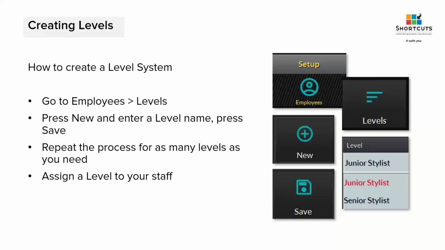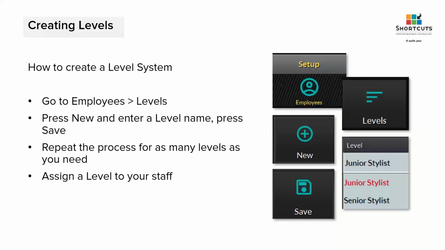On the same window I was in, set up employees, if your business has a level system, you want to go to the level button and press new. You can create as many levels as you have. Again, junior, senior, master, estheticians, nail techs, whatever it is, just to tell Shortcuts these employees charge a little bit more or have a different time to perform their service.